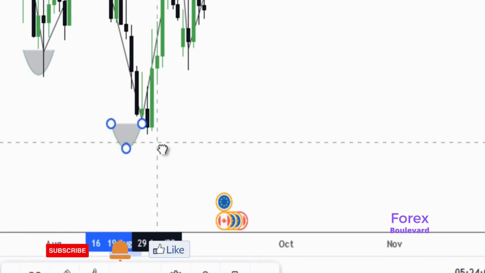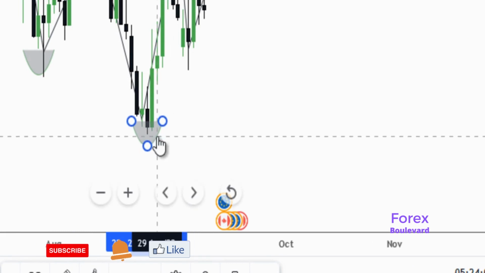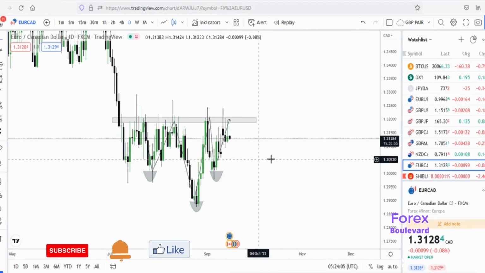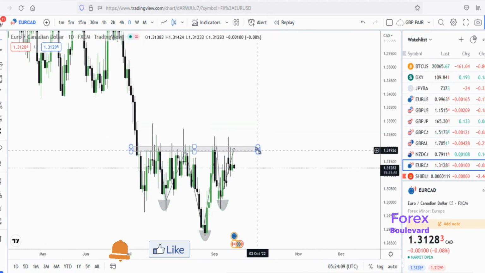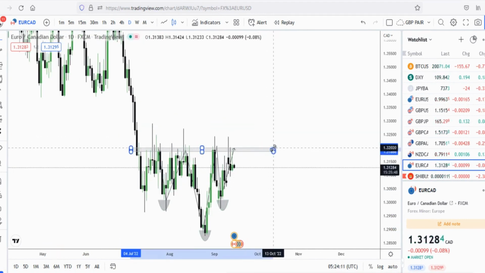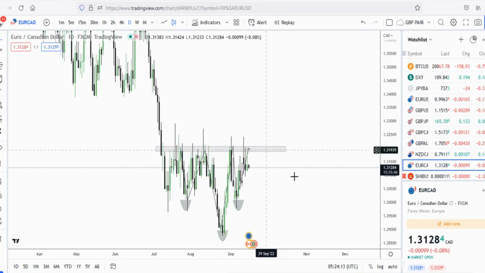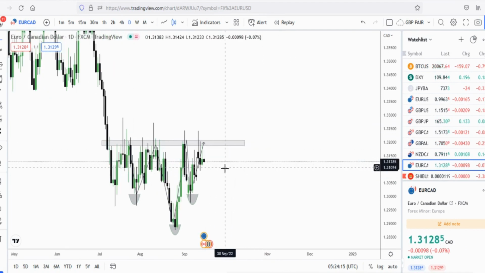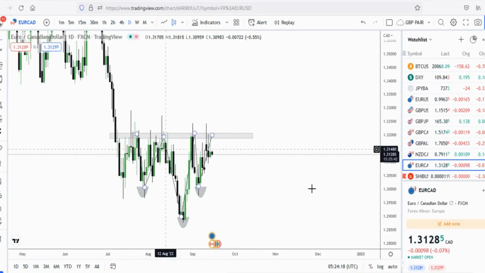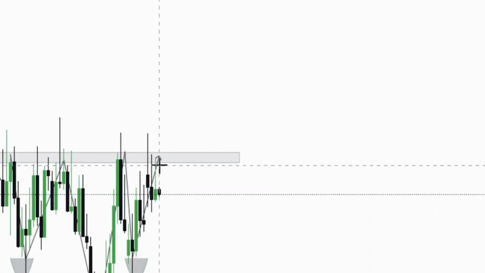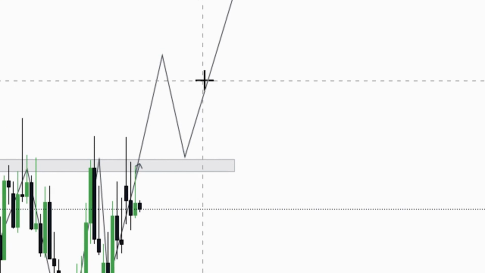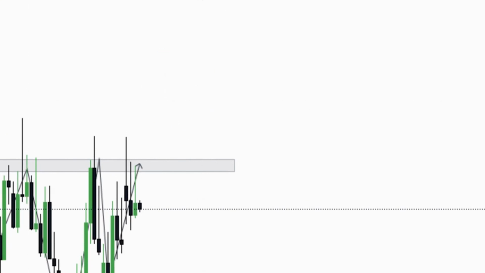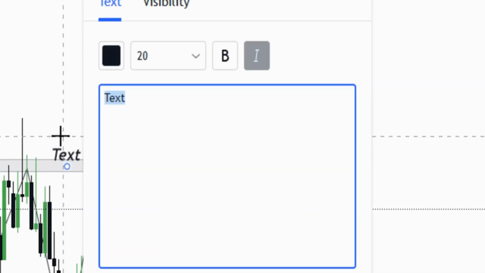So this is what I'm looking at right now. I'm expecting this to happen, this push up, down, and then to the upside. Of course, this is the neckline.